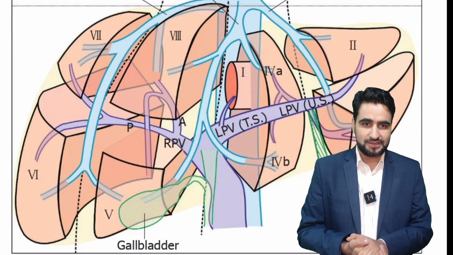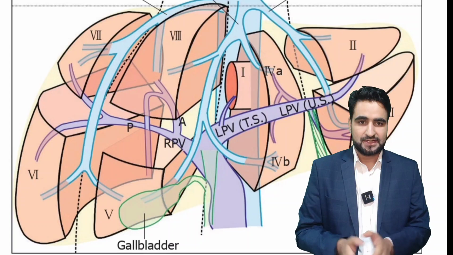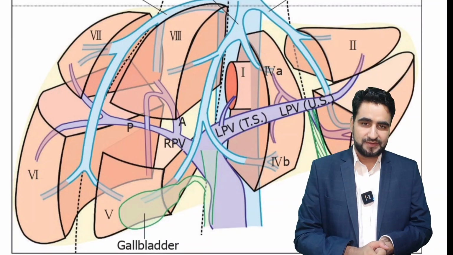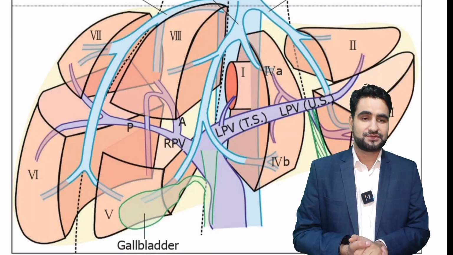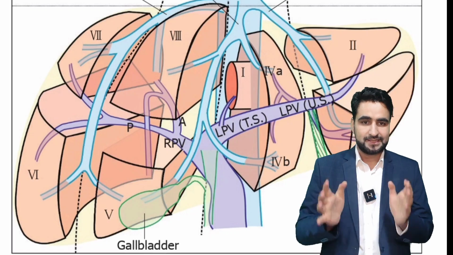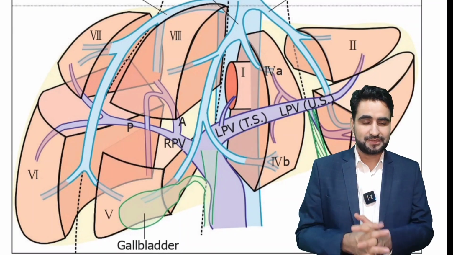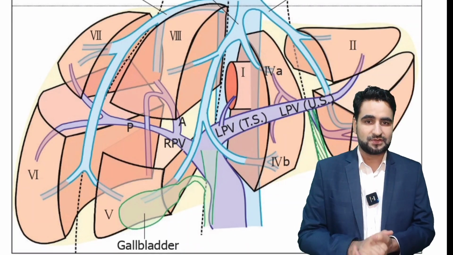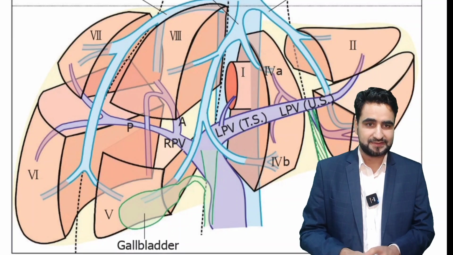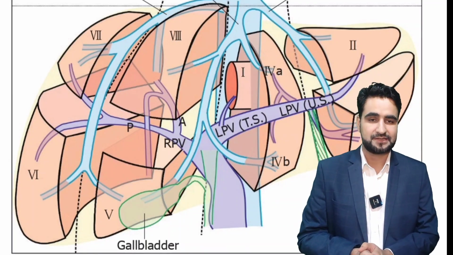Segment 1, that's the caudate lobe, is a special case, draining directly into the inferior vena cava rather than through hepatic veins. Recognizing these planes on endoscopic ultrasound helps you accurately localize lesions, plan interventions, and understand complex hepatic anatomy.